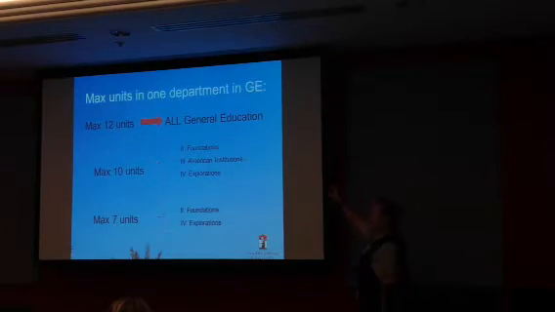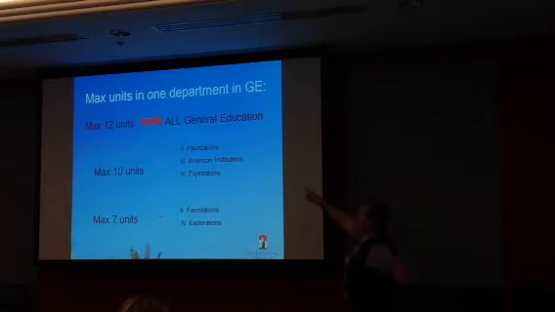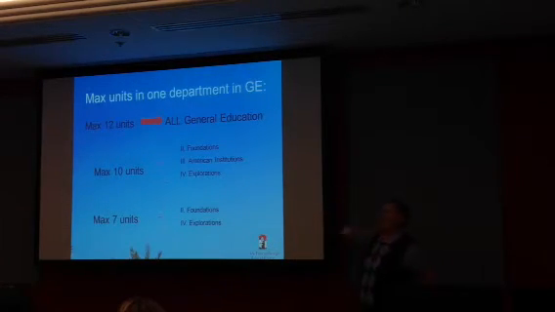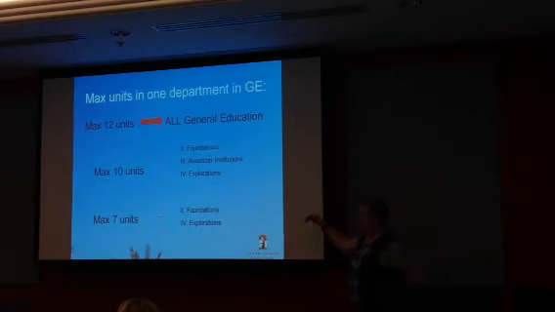So let's go back up to the top. When I say max 12 units across all GE, I'm referring to foundations, American institutions, explorations, and what else? What's not listed in those? Anybody? Communication and critical thinking, that's correct. So that's what we're talking about when we say all GE, because that's all of GE, right?